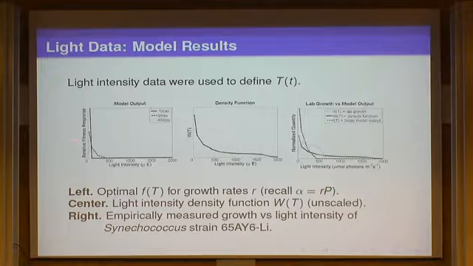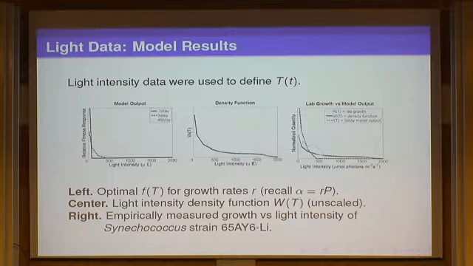So you can see the curves for this guy. This is the predicted F: how much effort roughly you'd put into different light intensities for the optimal species. This is the density function just for reference of how often you got a particular light intensity over the course of a year, relatively speaking.